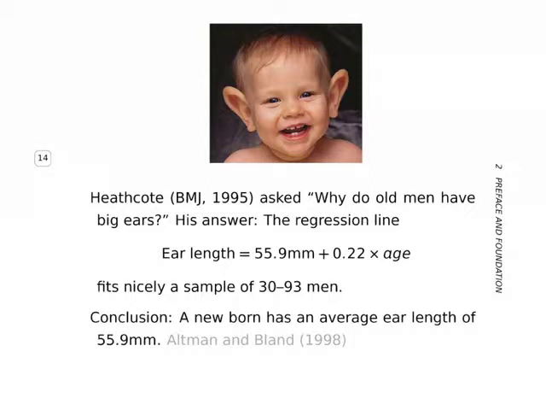That is, I guess, in one version or other, everybody that is teaching Stat 2 or Introduction to Statistics or anything with this title gives an example which is very similar to this one. So in 1995, there was a paper with the title, Why Do Old Men Have Big Ears? It appeared in the British Medical Journal.